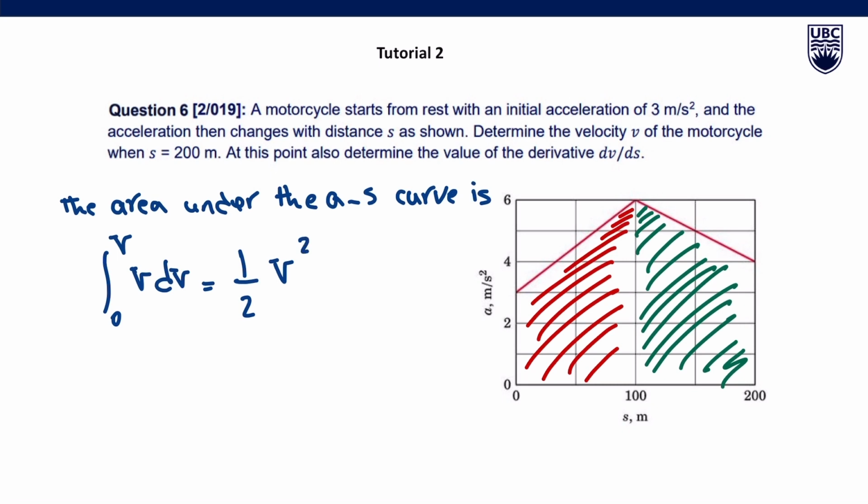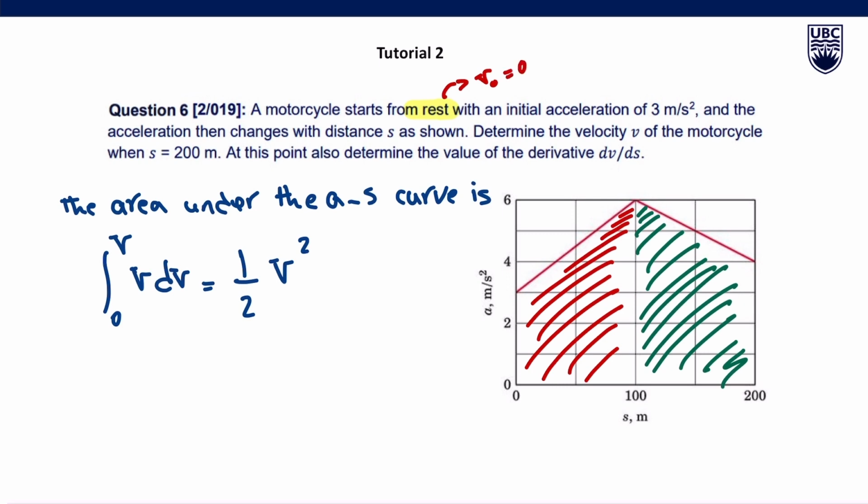You may ask why this one is 0. This is initial velocity, right? Initial velocity is 0 because it says a motorcycle starts from rest. So this means our initial velocity is 0.